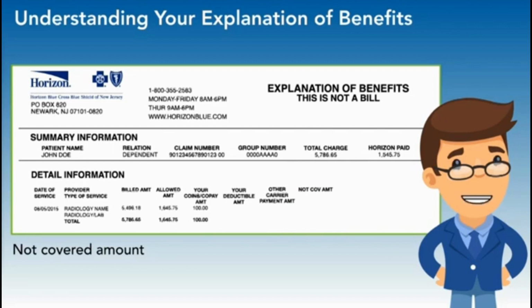This can be for expenses not covered or in excess of your benefits. This amount may be in addition to any deductible, coinsurance, or copayment. Horizon Blue Cross Blue Shield of New Jersey paid amount, the total amount paid to you, your doctor, other healthcare professional or facility for the services performed.